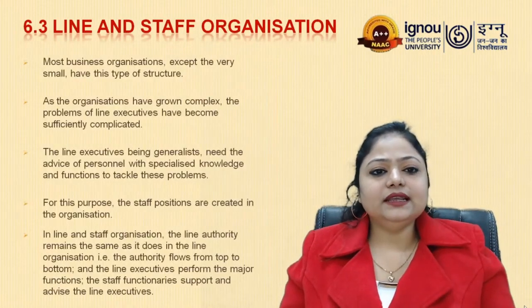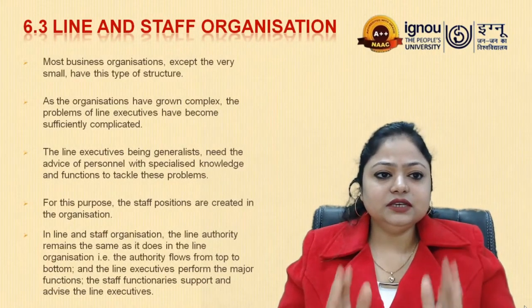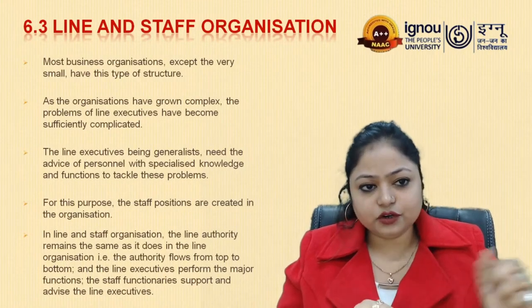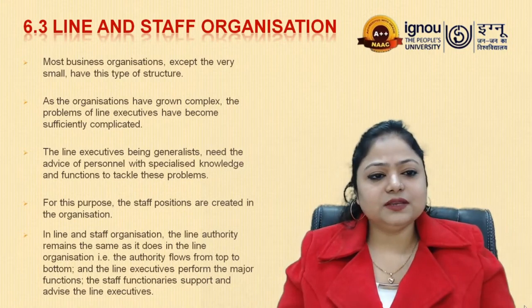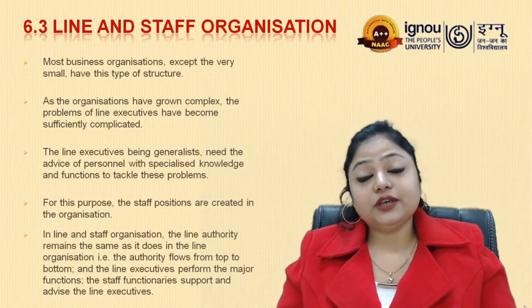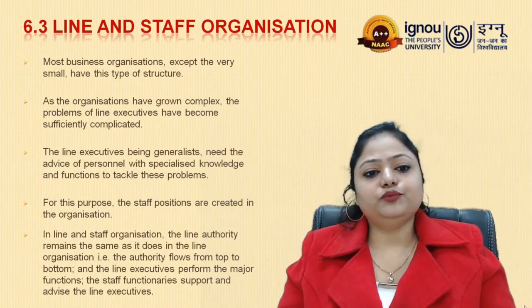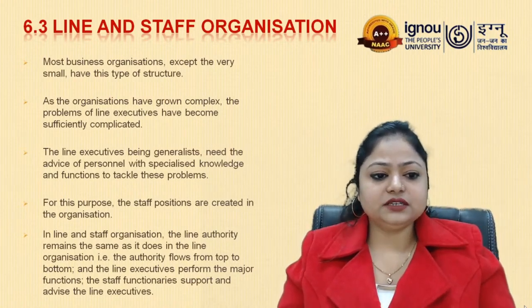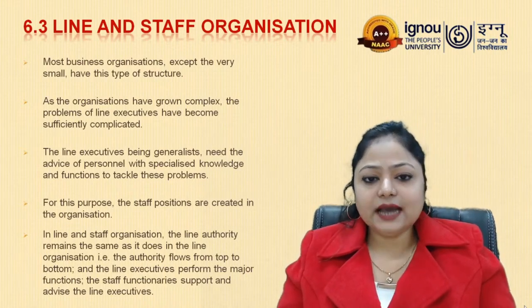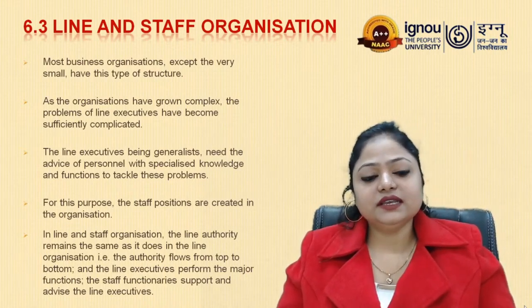Now, the line and staff structure is designed to overcome the limitations of a simple line structure in the organization. The line executives, being generalists, need the advice of personnel with specialized knowledge and function to tackle these issues. For this purpose, staff positions are created in the organization.